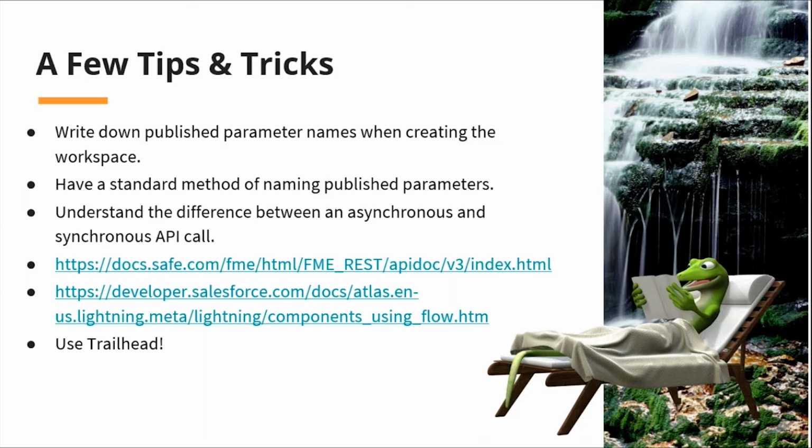It's also helpful to have a standard method of naming your published parameters, maybe across your organization. I have several workspaces that do this, and I might have what's called a grower ID for one, and in one workspace I may have capitalized the I, and in another one I didn't. So it's really helpful to have a standard method of naming published parameters.